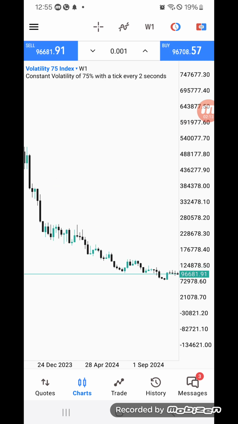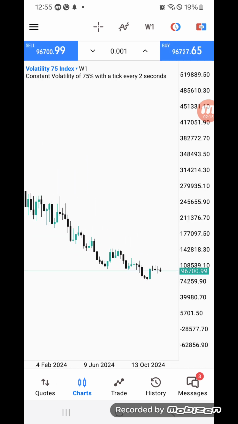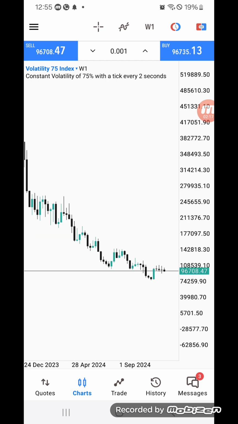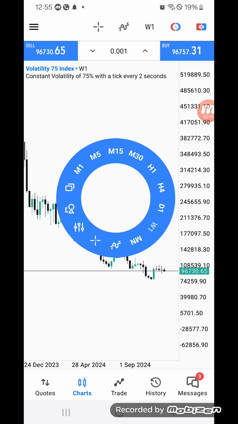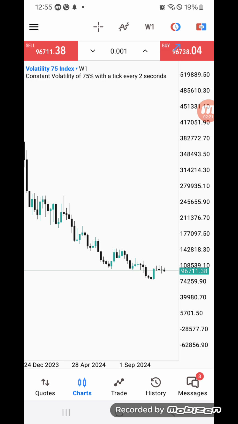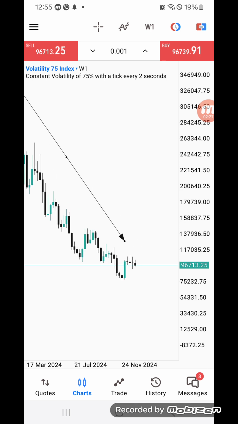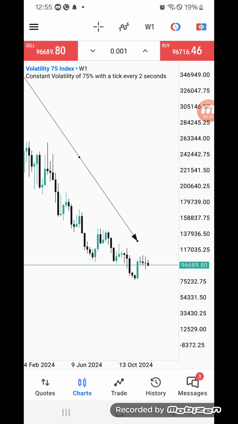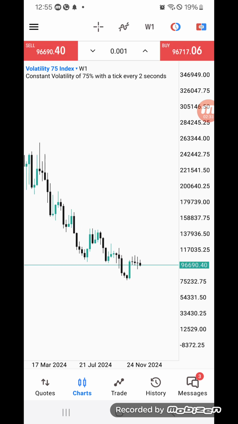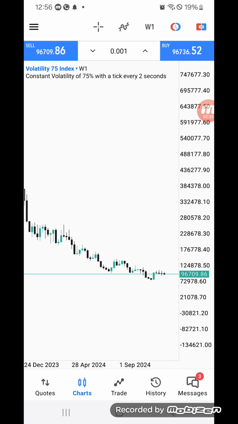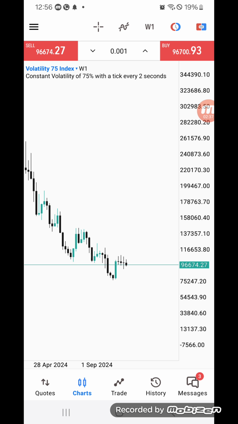And as we can see, the market on the weekly time frame or the higher time frame is giving us a downtrend move, as you can see. And this downtrend move is going to give us sell entries. That's what we are going to look for.